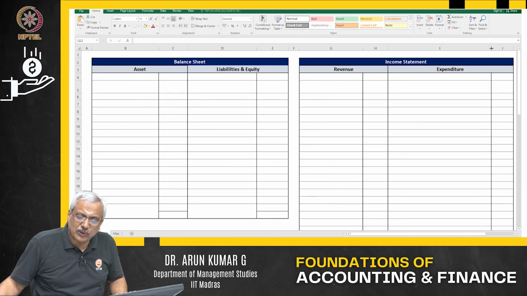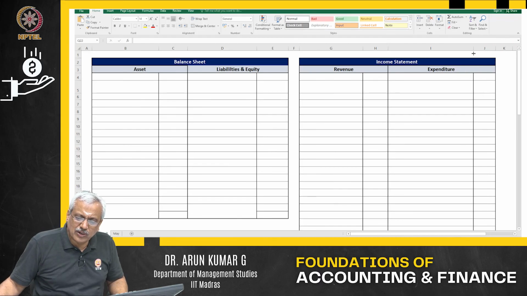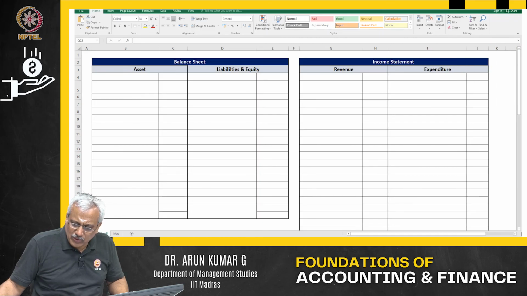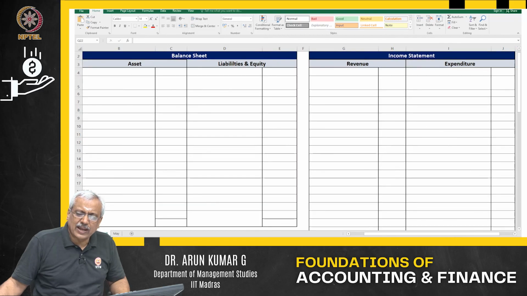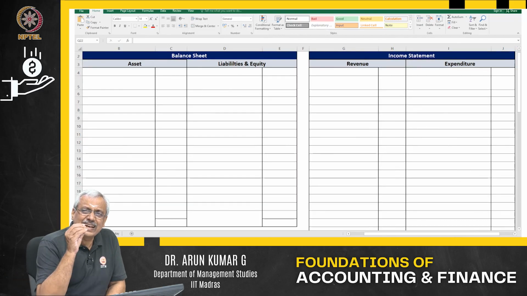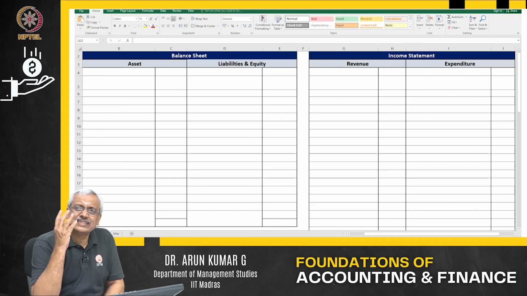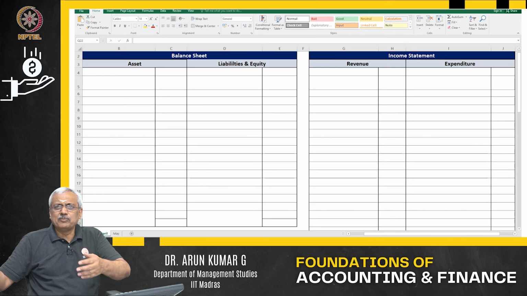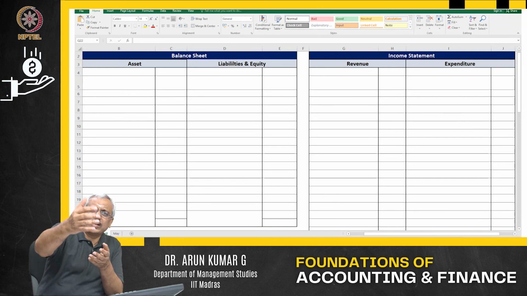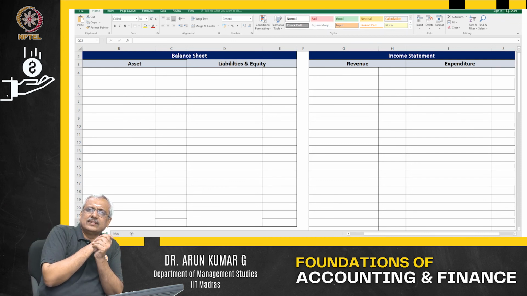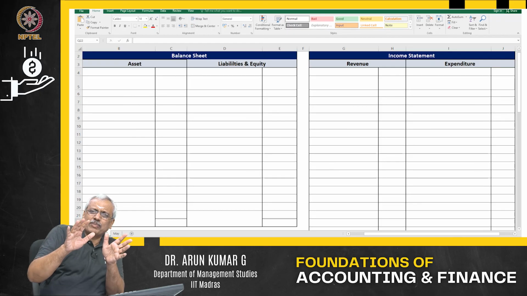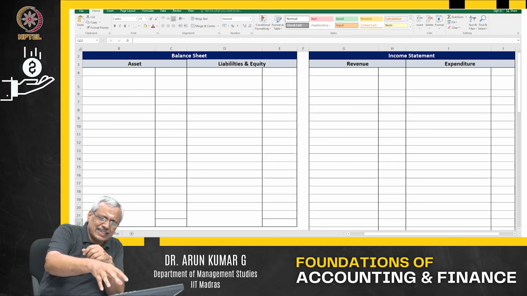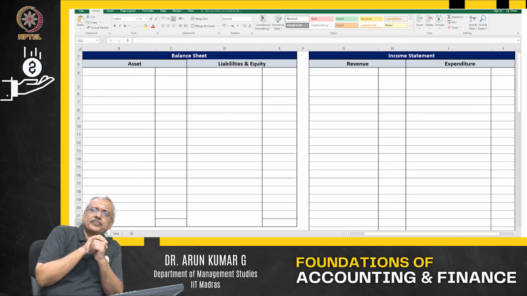So, what are we trying to do here? The purpose of doing this is for all of you to know that any transaction that happens is initially entered in a journal, then posted in the ledger, then goes to the trial balance, and so on. Ultimately, when it is all consolidated, it gets consolidated in the form of the P&L or income statement and balance sheet.